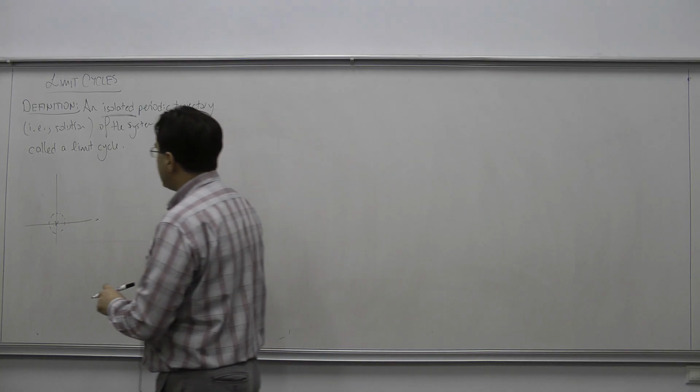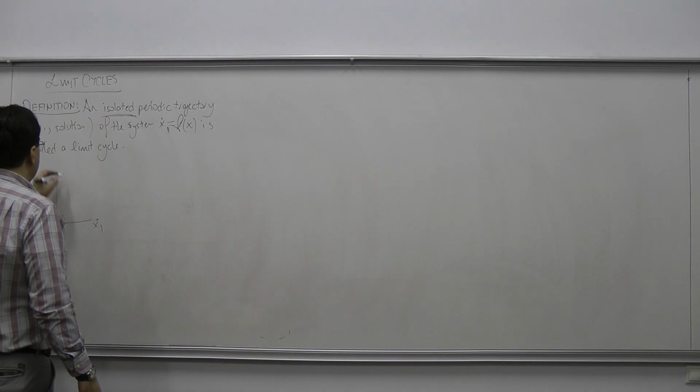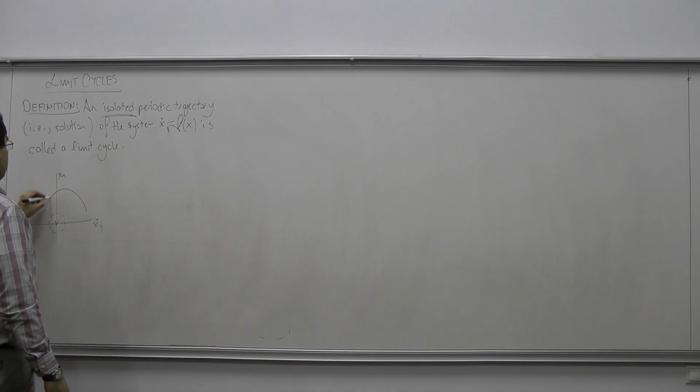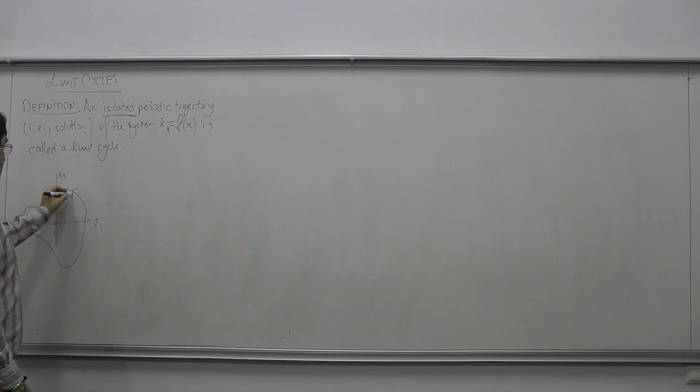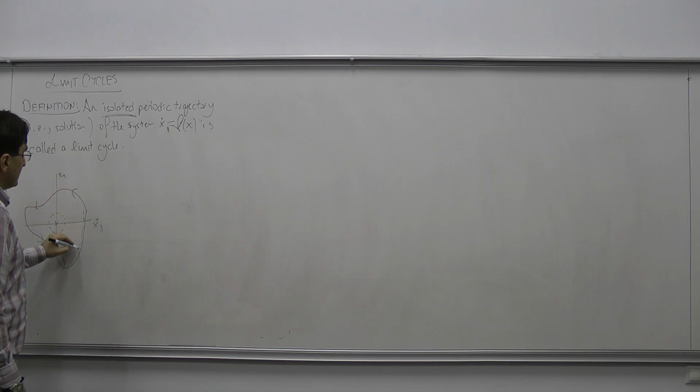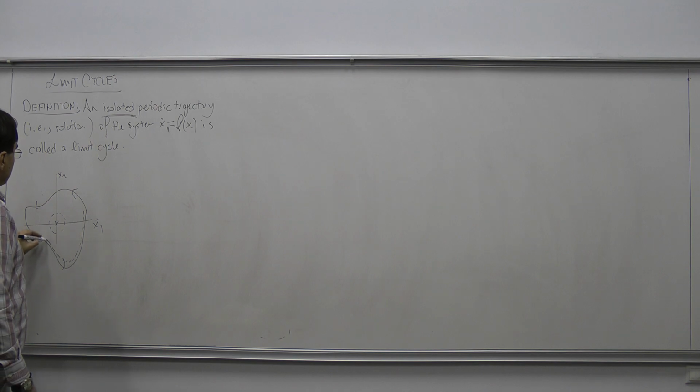If in the state space we have a periodic trajectory of the nonlinear system given like this, we are going to look at an epsilon neighborhood around it.